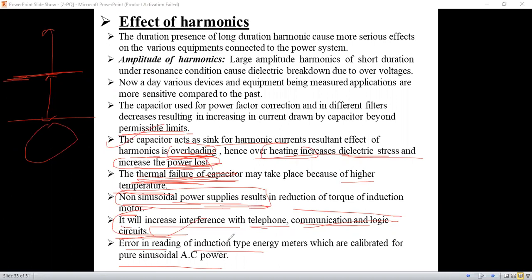Now we are not using induction type meters, we use the electronic energy meter, the EM.